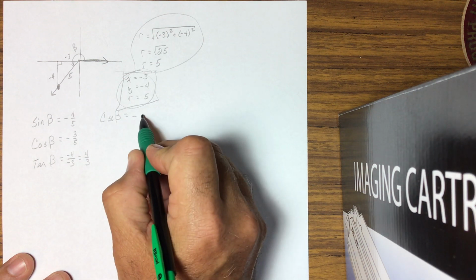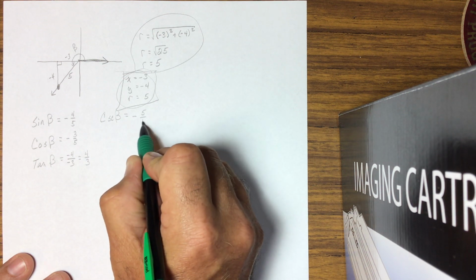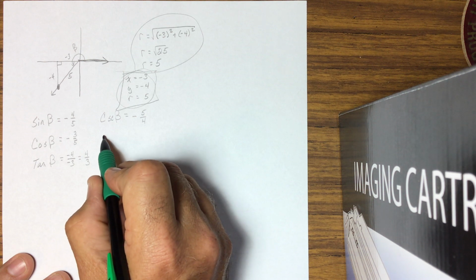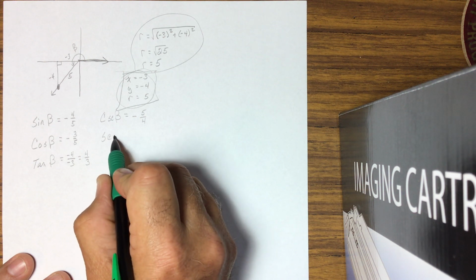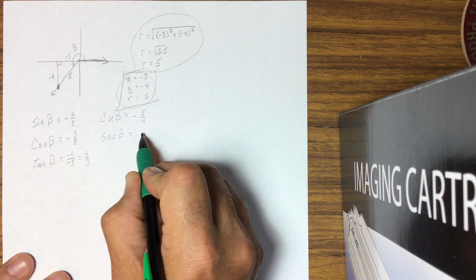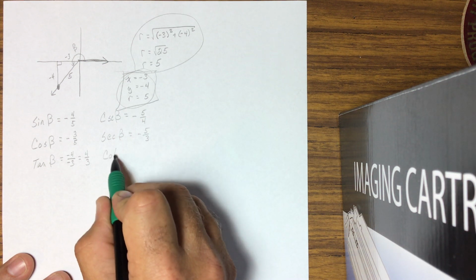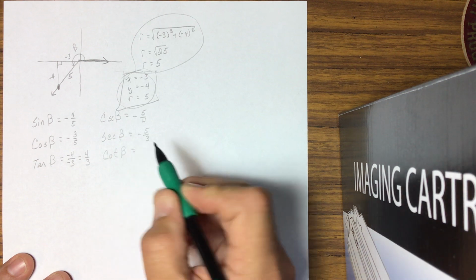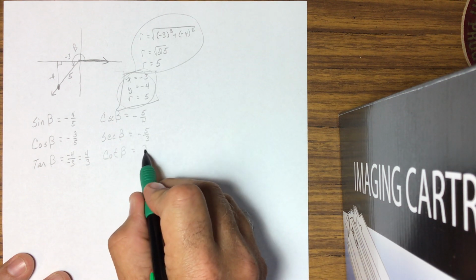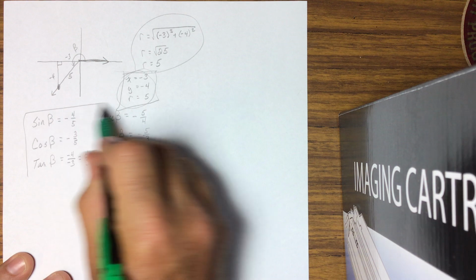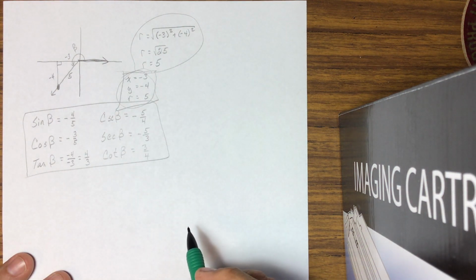Remember, sign won't change when you flip it over. It's just 5 over 4. And the secant of beta is -5 over 3. And the cotangent of beta is +3 over 4. And there are our 6 trig values.